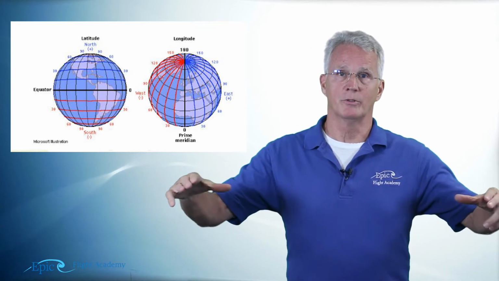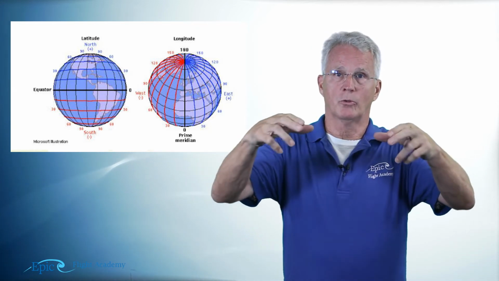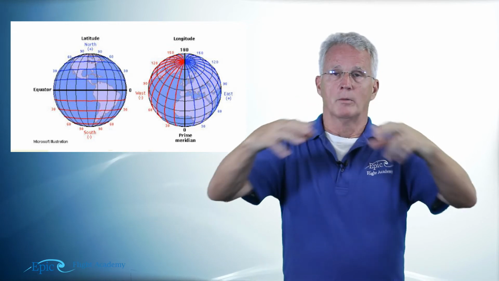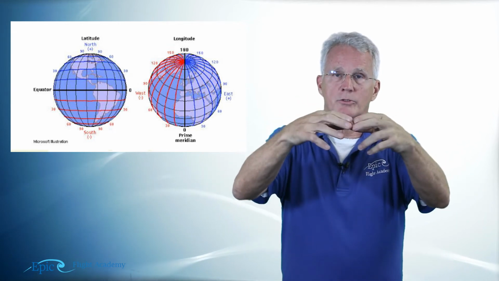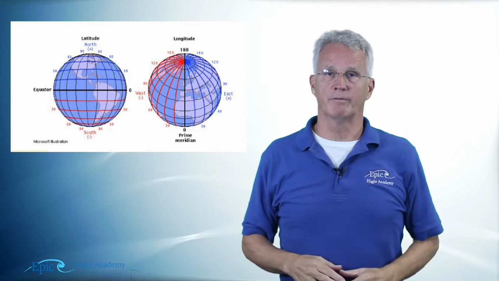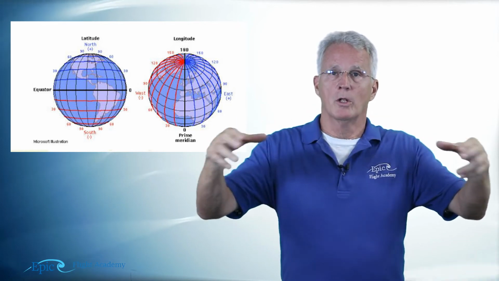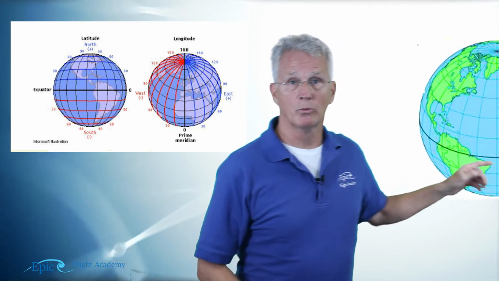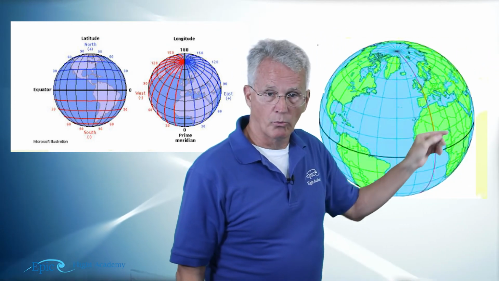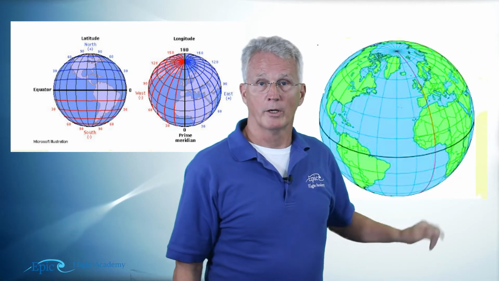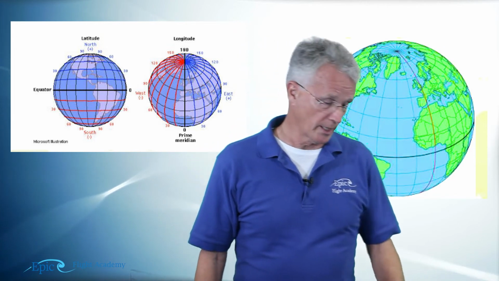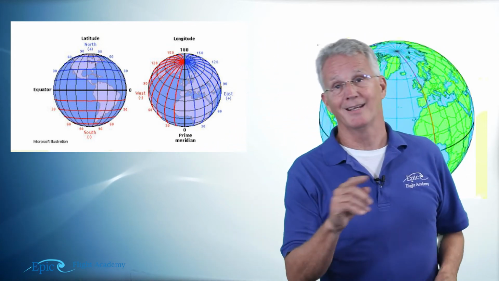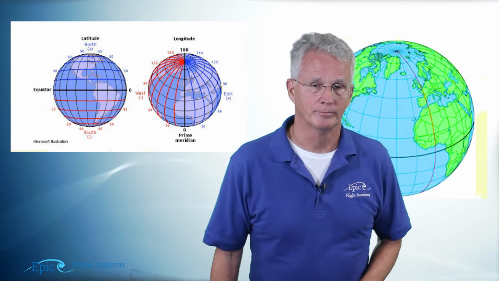Lines of latitude, as we go from the equator toward the pole, become smaller and smaller circles. So if they're equally divided, the further north we go, the smaller those divisions get. Also review this red line here in our example running through Greenwich, England. Do you remember what that's called? And if you said agonic line, you're correct.